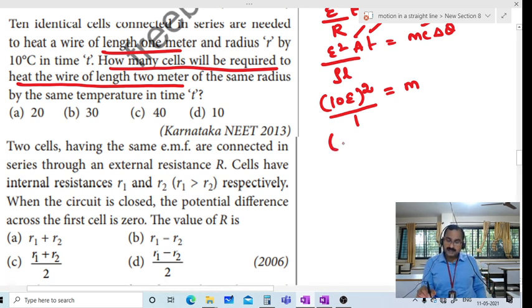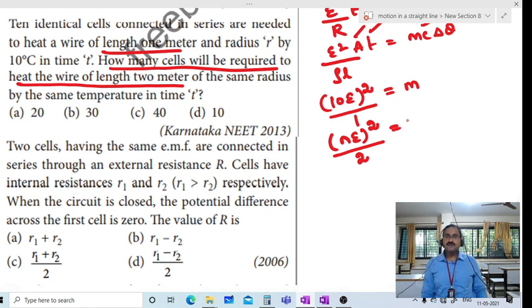The number of cells we don't know, (nE) whole square divided by 2 rho. Now when you are changing the length, the mass also changes. The wire length is doubled, from 1 meter to 2 meter, so indirectly the mass is also doubled.